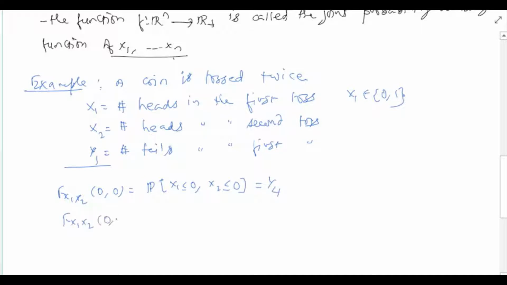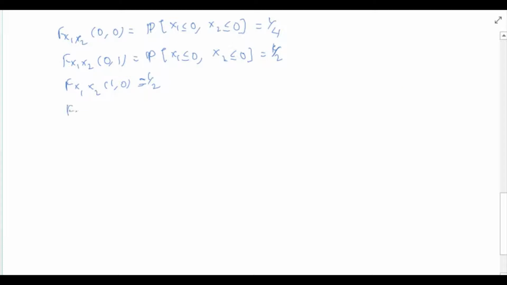F(0,1), that is no head in the first toss and either 0 or 1 head in the second toss. So the outcome of the second toss is immaterial, but there has to be a tail in the first toss. So clearly this is half. Similarly, F(1,0) will also be half. F(1,1) is the probability that there are 0 or 1 heads in the first toss and 0 or 1 heads in the second toss. Clearly this will be 1.